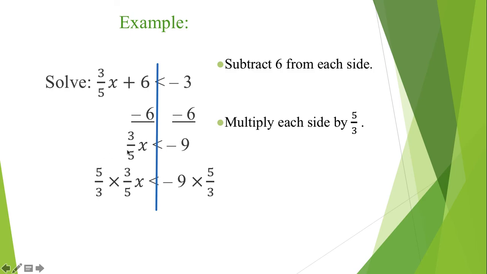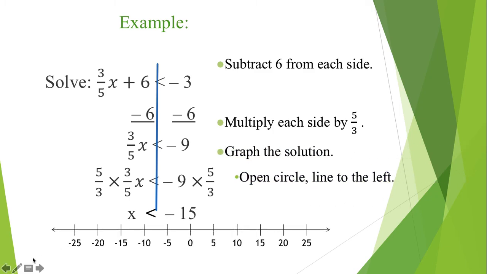So 3 over 5 will change to 5 over 3, and we are going to multiply it on both the sides. So in this way we can simplify 5 and 5, 3 and 3. So we are left with only x. On the other side, we need to simplify it. So first multiply 9 with 5, that is negative 45, divided by 3. The answer is negative 15.